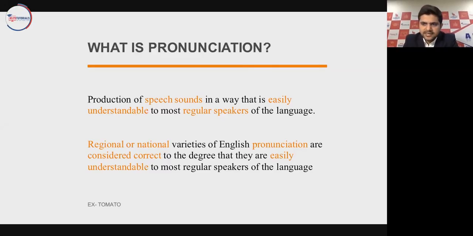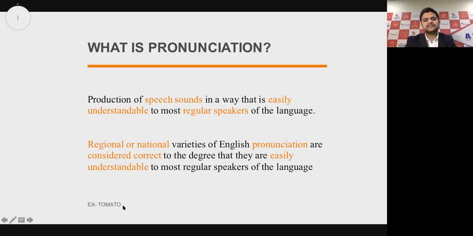So if you are saying a word in a way that a native speaker is able to easily understand, then that pronunciation of that particular word would be accepted in the PTE test and would be considered correct.